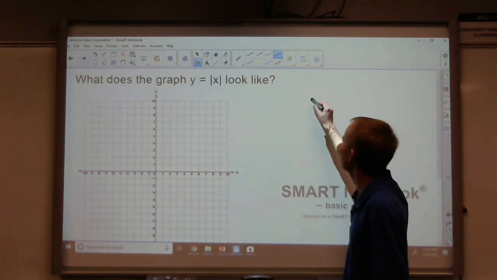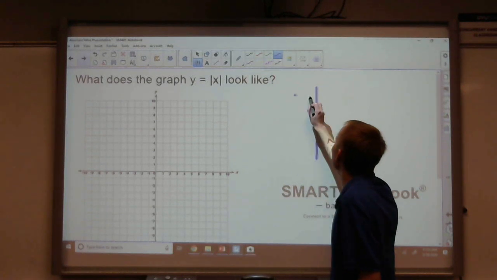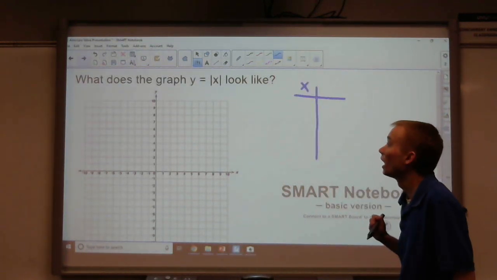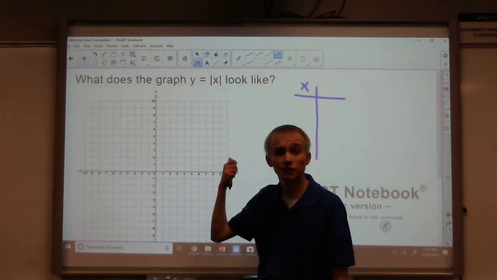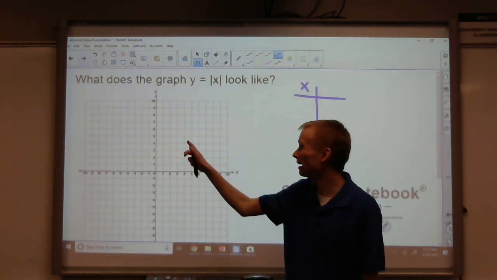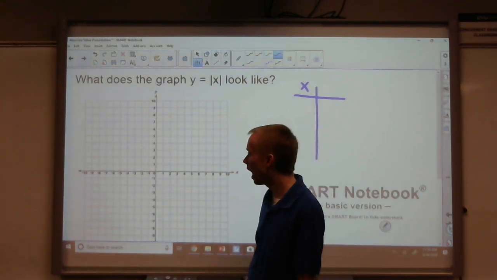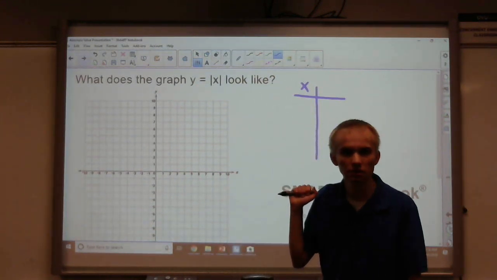Okay? Well, what I'm going to do is just make a table and get some points, okay? And once you kind of know what this graph looks like, you won't have to do this every time, but I just want to show you why the graph looks the way it does.